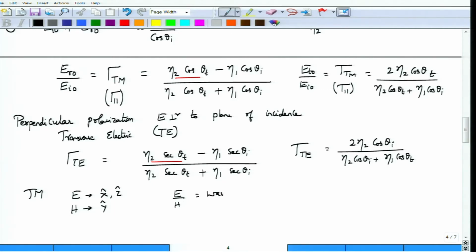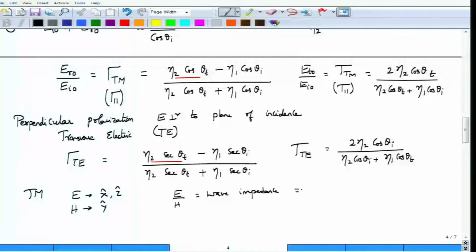But wave impedance is actually defined only for the transverse components, because the direction of propagation we have taken to be the z axis, the component of E along z need not be considered, and you need to define the wave impedance in terms of its transverse components, which is Ex to Hy, right.